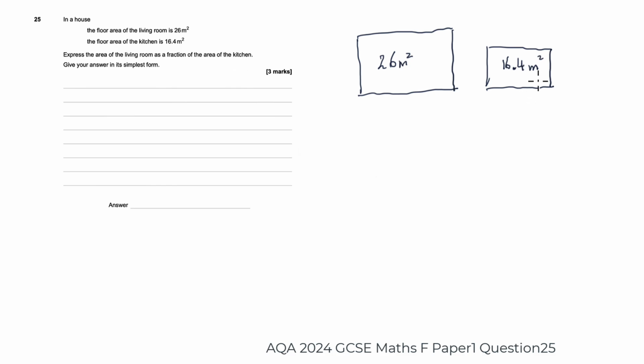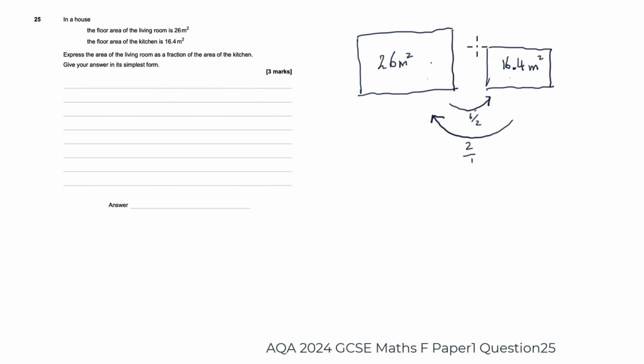Now, suppose this one, the kitchen, was a half the size of the living room. That half that I've mentioned is expressing the kitchen as a fraction of the living room. That would be 1/2. We're wanting it the other way round, and in that case it would be twice.